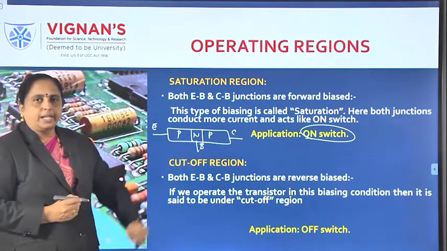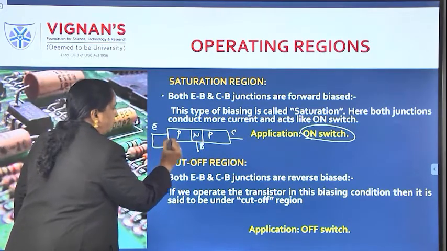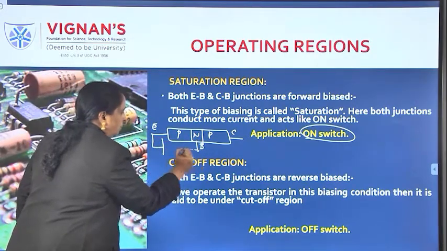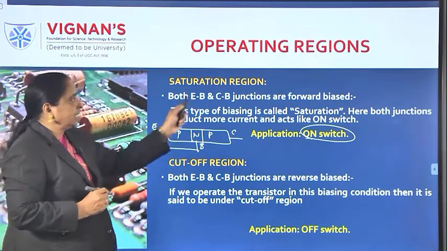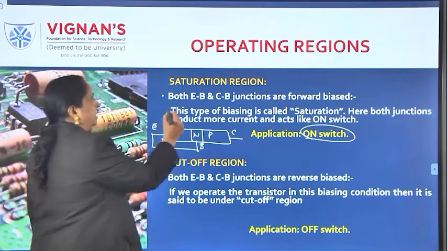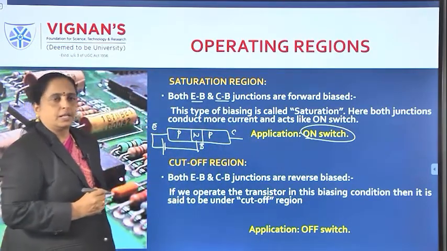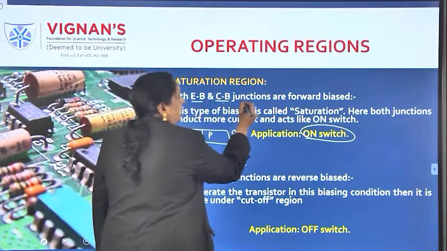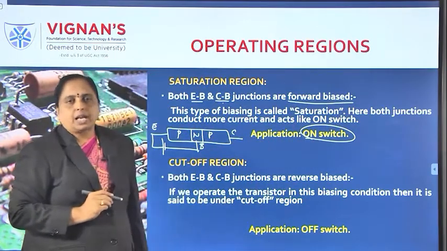Between emitter and base, if you give a forward bias, that is P positive and N negative, this is a forward bias condition. If the collector junction is also forward biased, see here, between collector and base, the collector material is P, so this is P positive, N negative. If the emitter-base junction and collector-base junction are both forward biased, that is known as the saturation region.